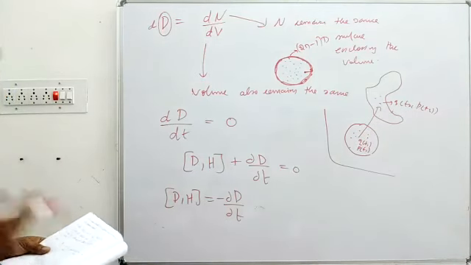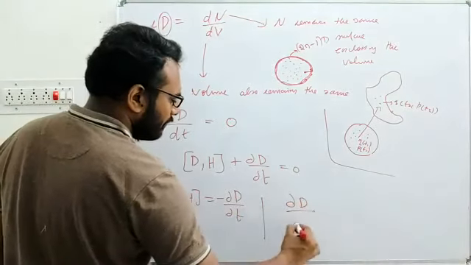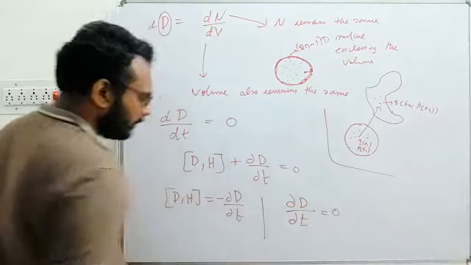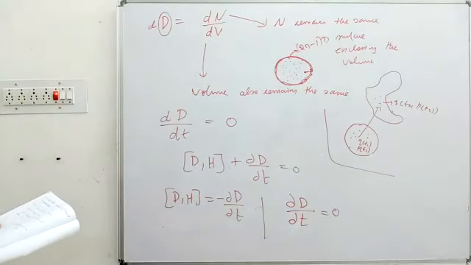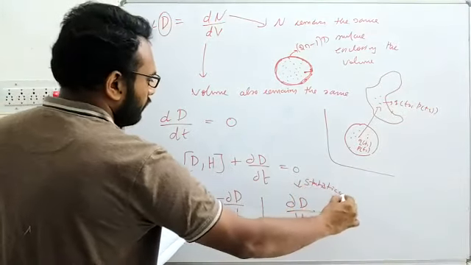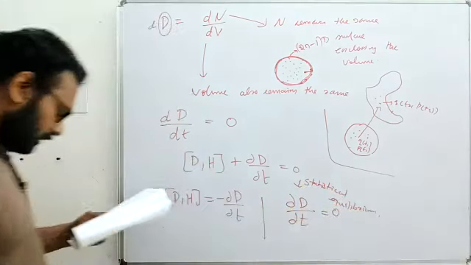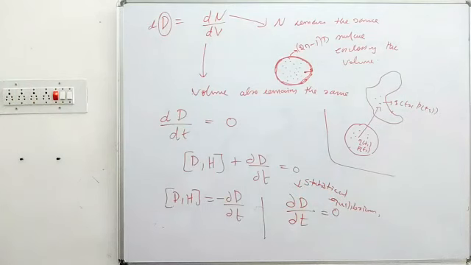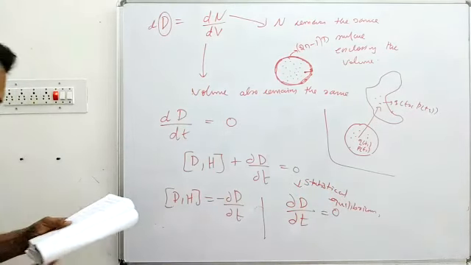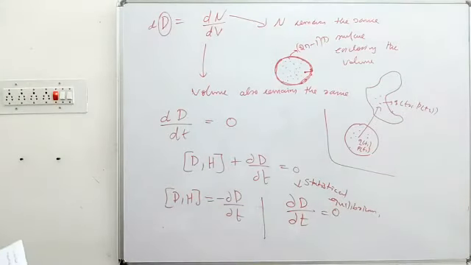Now, you will see in statistical mechanics that statistical equilibrium means ∂D/∂t is equal to 0. This is the condition for statistical equilibrium. This means that the number of systems in a given state remains the same.